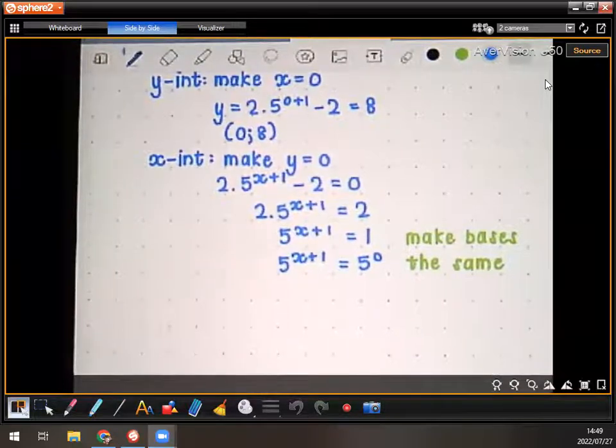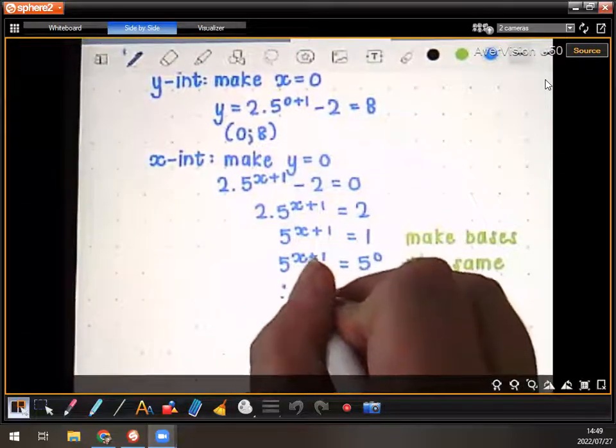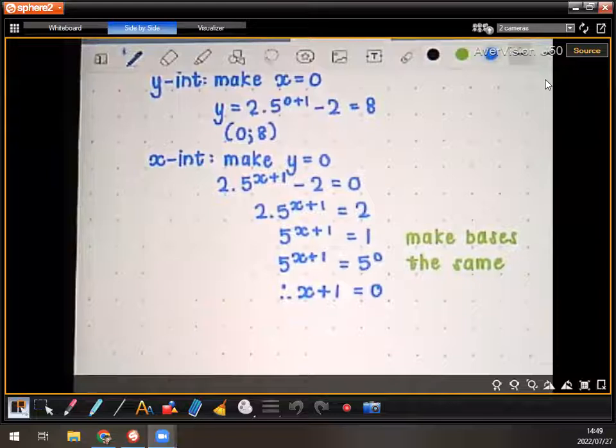Now that our base is all the same, we're going to make our exponents equal. So therefore, x plus 1 is equal to 0. What is x? What do I do with that plus 1? It's going to become a minus 1.